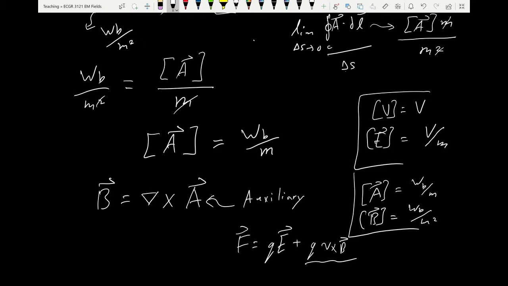Why even bother with proposing A? Well, there has to be some advantage to proposing A, and the advantage is that in some problems, it makes finding the magnetic field easier. Otherwise, if it makes things difficult, it becomes just a mathematical curiosity.